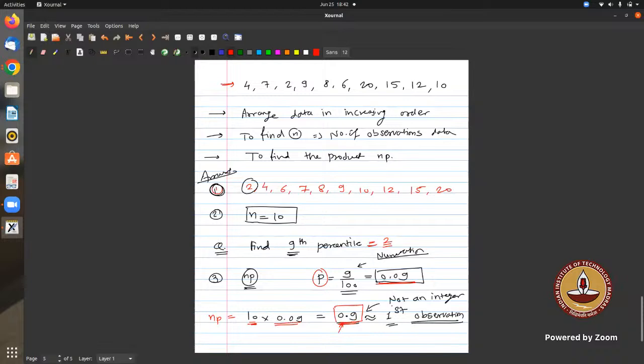So I'll go for the next integer, which is 1. So this becomes 1, and I need to check the first observation in the data set. In this arranged data set, what is my first observation? 2.